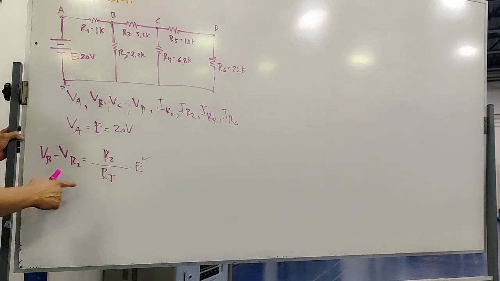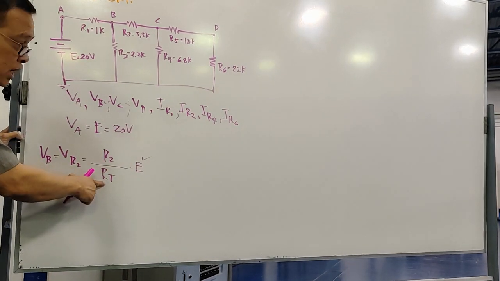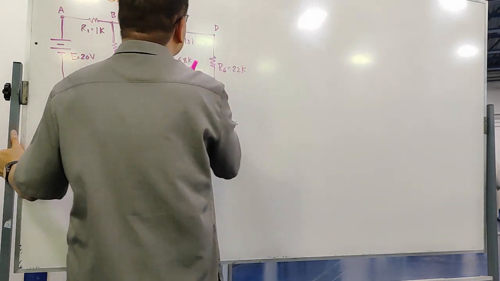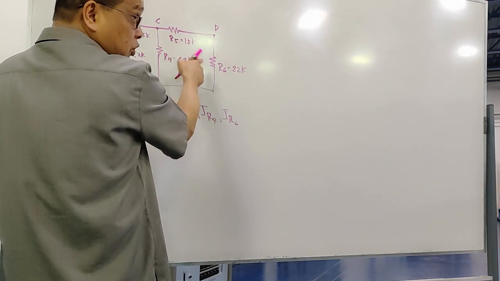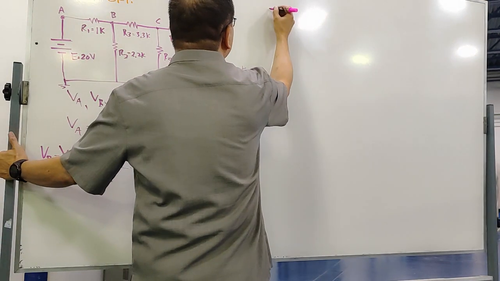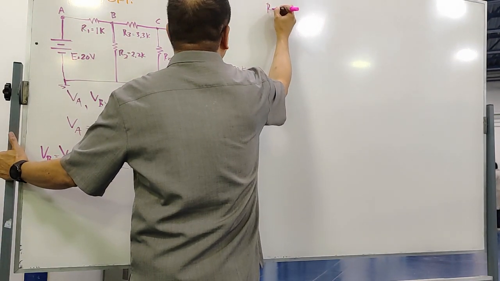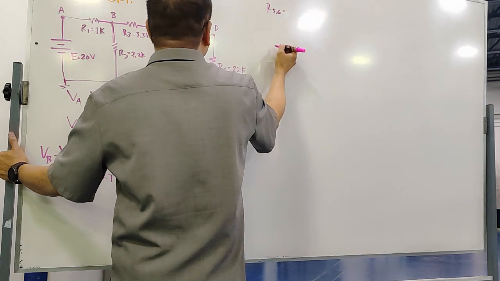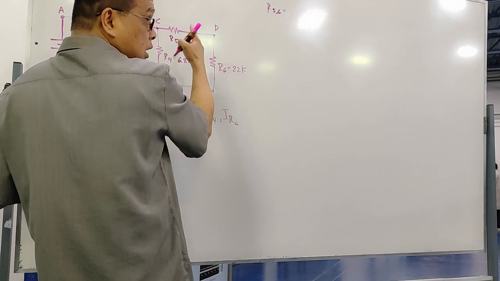But first, let's calculate R total. We'll start with resistors R5 and R6 for simplification. Are they in series or parallel? Series.